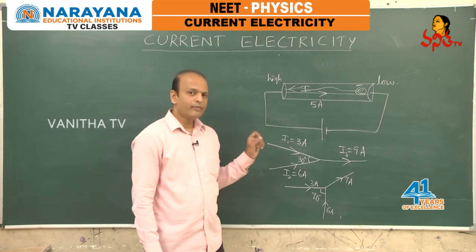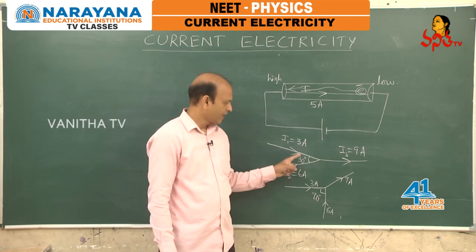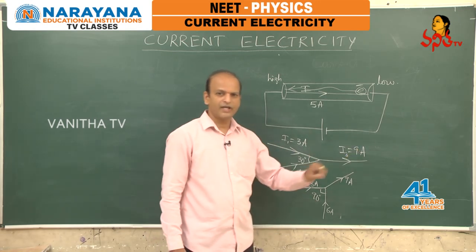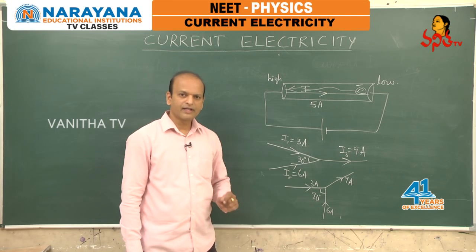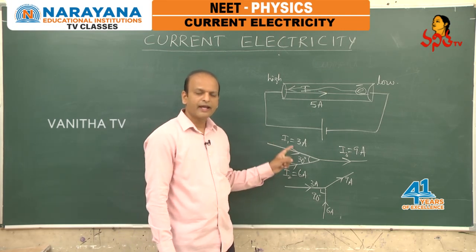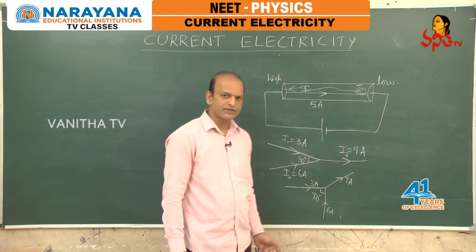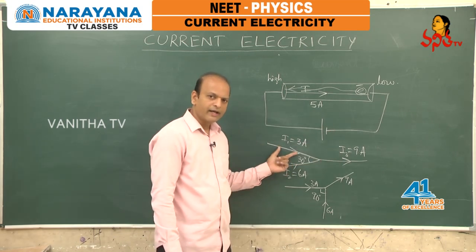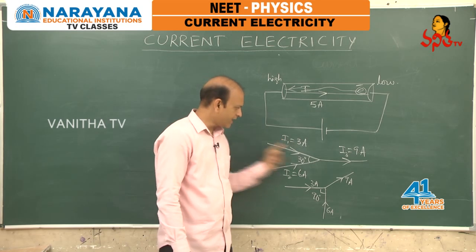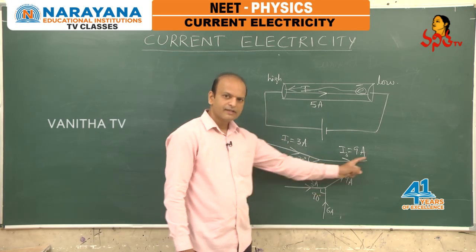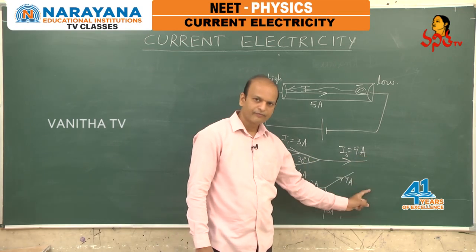If current were a vector, by changing the angle between the two vectors, the result would have to change. According to the law of vector addition, whenever the angle between two vector quantities is changed, the result has to change. But even though current has magnitude and direction, when the angle between the currents is changed, the result does not change.